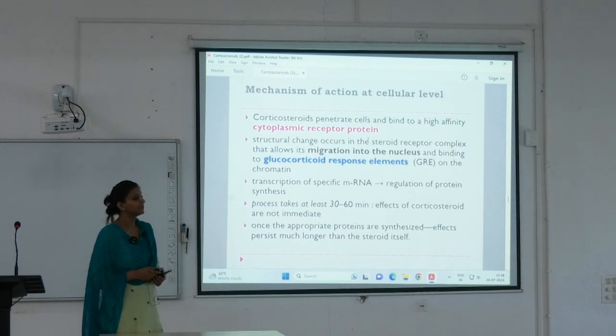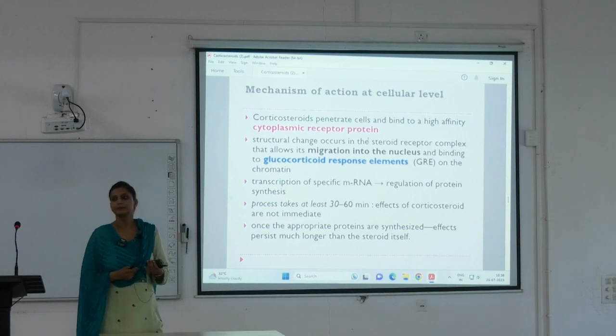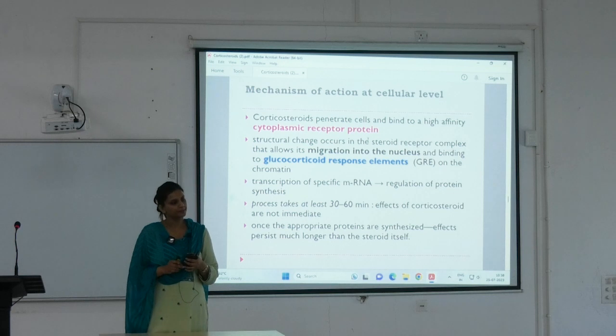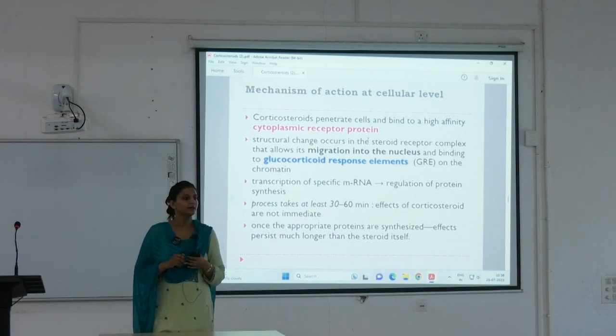এবারে mechanism of action at the cellular level কি করে করছে? গ্লুকোকর্টিকয়েডস যাচ্ছে গ্লুকোকর্টিকয়েড receptors এ। Where are the glucocorticoid receptors present?